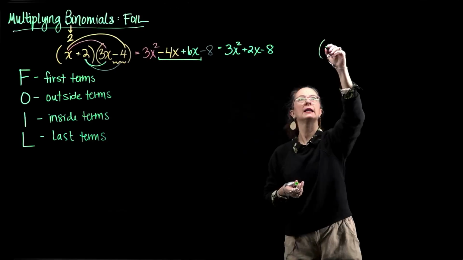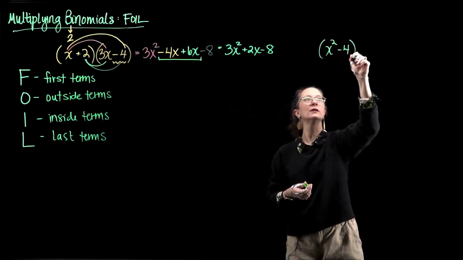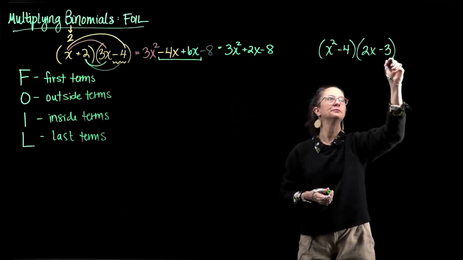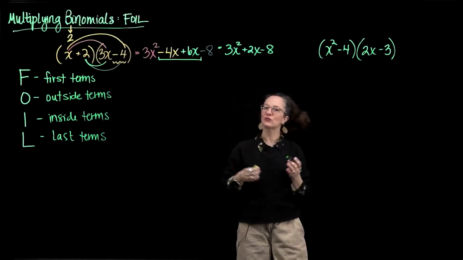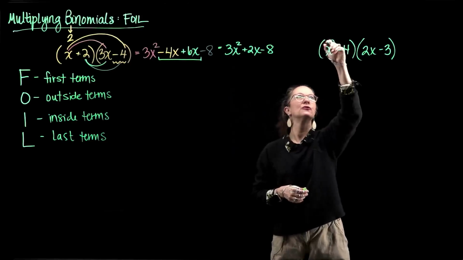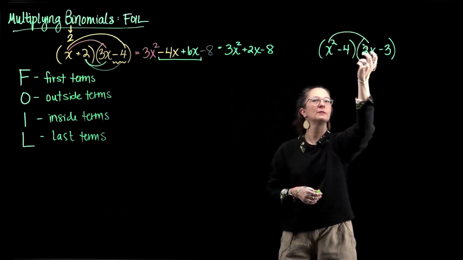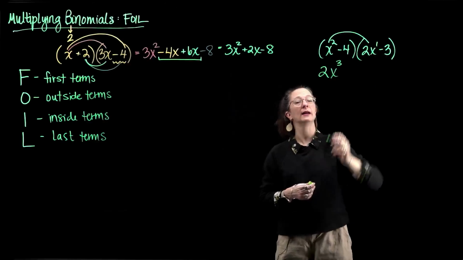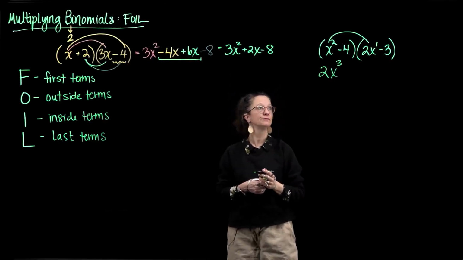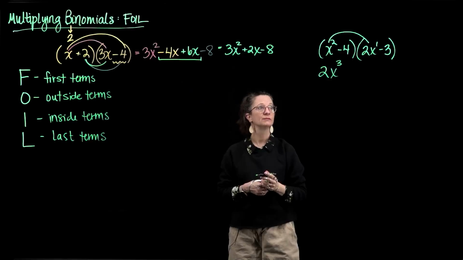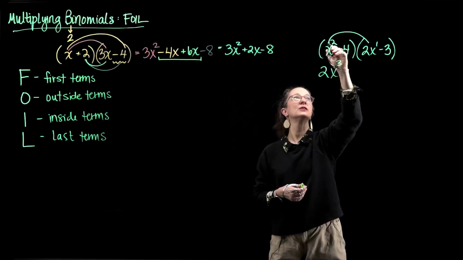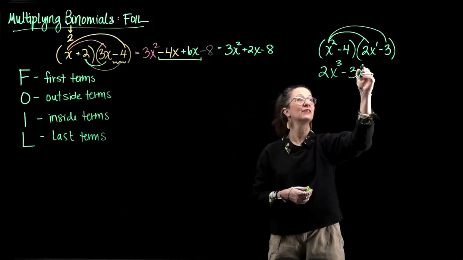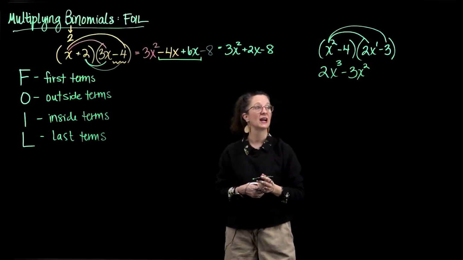So let's say I had x squared minus 4 times 2x minus 3. All right, so let's do our FOIL. So first terms, x squared times 2x gives me 2x to the third power. Remember that x here has a sneaky 1 as its power. All right, outside terms, the x squared and the negative 3 gives me minus 3x squared.